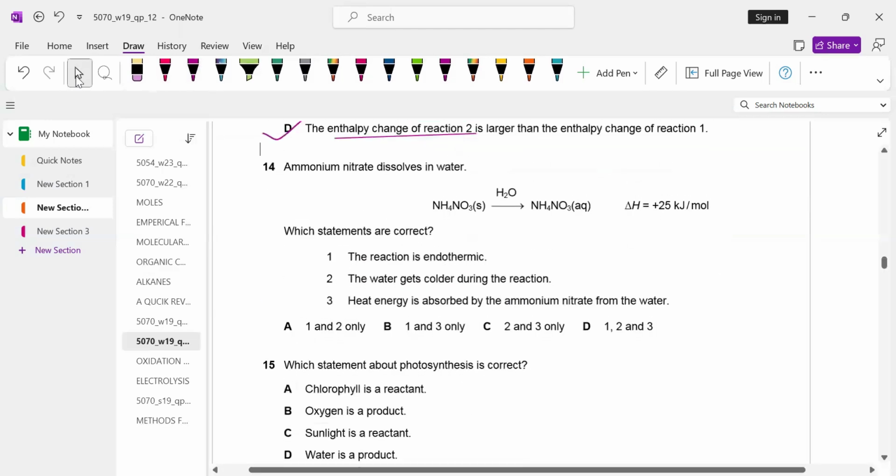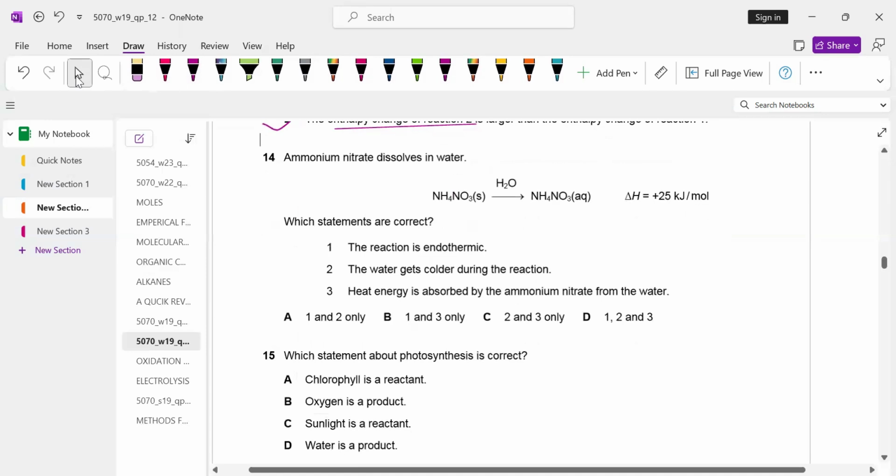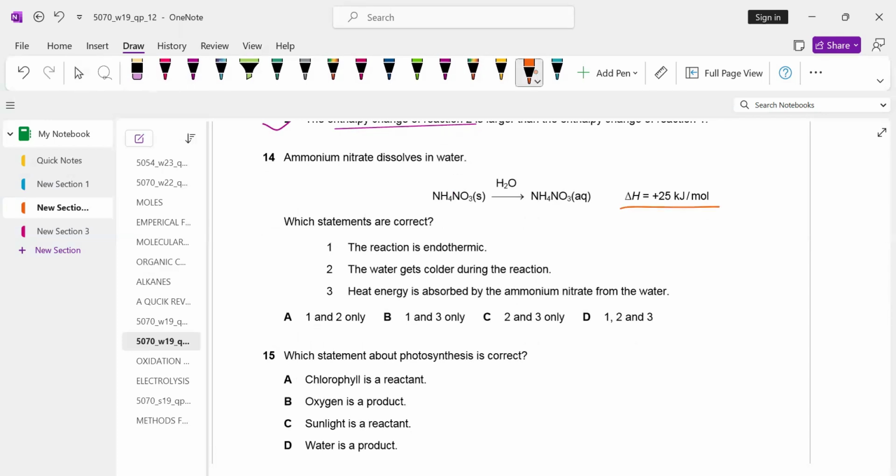Then question number 14. Ammonium nitrate dissolves in water. The equation is given. Which statement is correct about the ammonium nitrate? First statement: the reaction is endothermic. Yes, because delta H is positive. The water gets colder during the reaction.